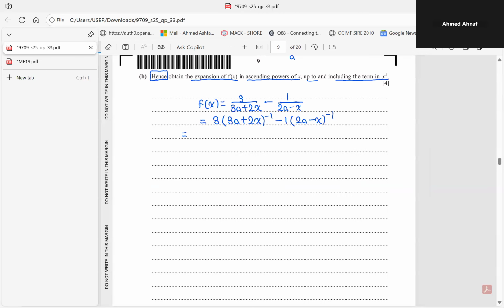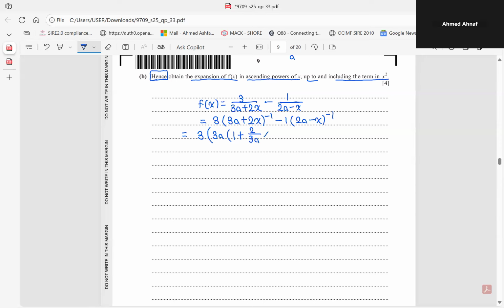One criterion for using this formula is we have to make the constant term 1, which you can do by factorizing, by dividing the constant term by whatever it is. Okay, so let's factor out 3a. So this would be 3a times 1 plus 2 over 3a x, to the power of -1.